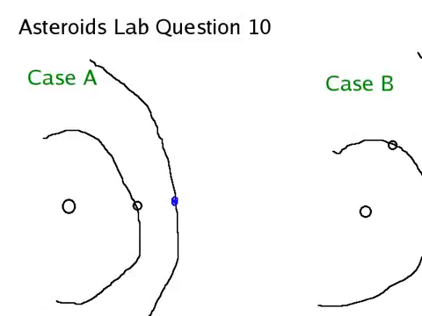So all you have to do now, in order to measure this, is to measure the distance between the Earth and the asteroid in case A. You just make a little straight line here, and in case B. And it's pretty much up to you if you want to measure in centimeters or inches, because we'll take a ratio, so the units will cancel out.